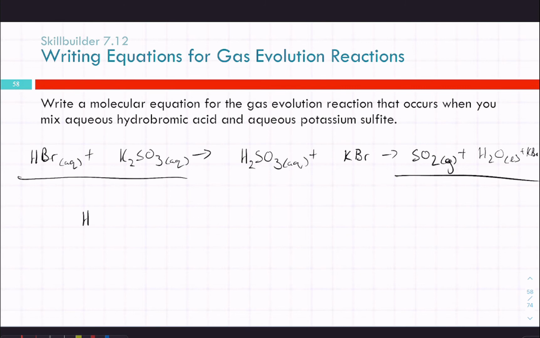So we're going to have, just copying this down, HBr. And then we'll have our final products of SO2, H2O, and potassium bromide.